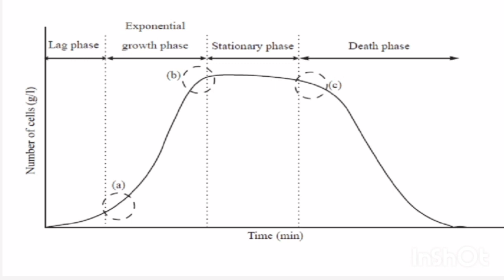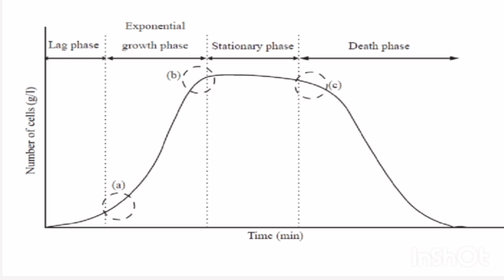Then the next phase, log phase. It is also called logarithmic phase or exponential phase. In this phase, microorganisms grow and multiply. Cells grow at maximum rate, thereby the cell mass increases.